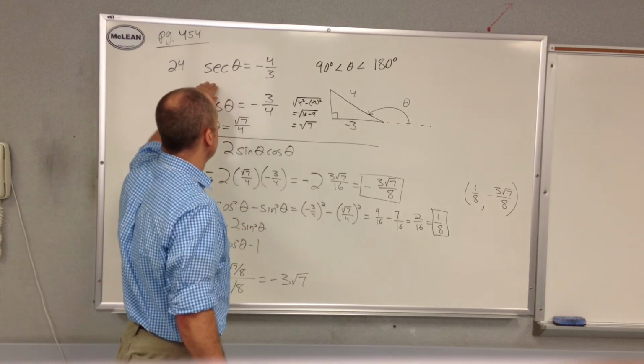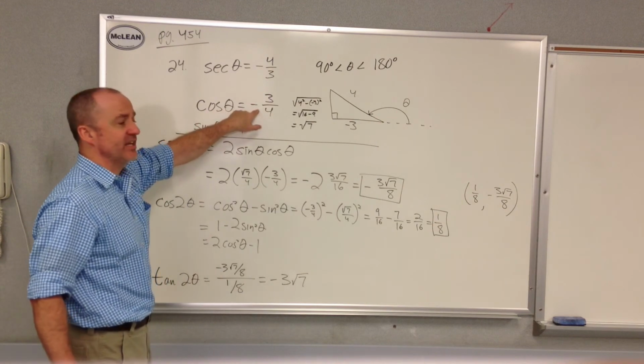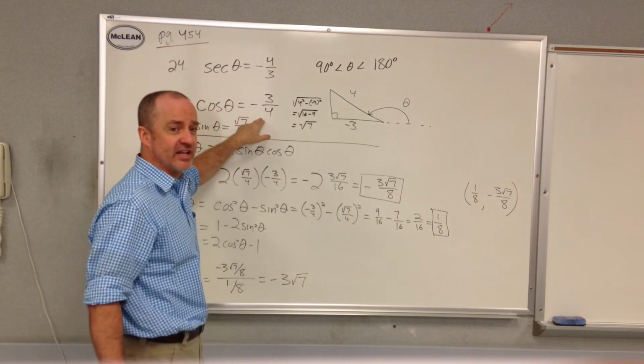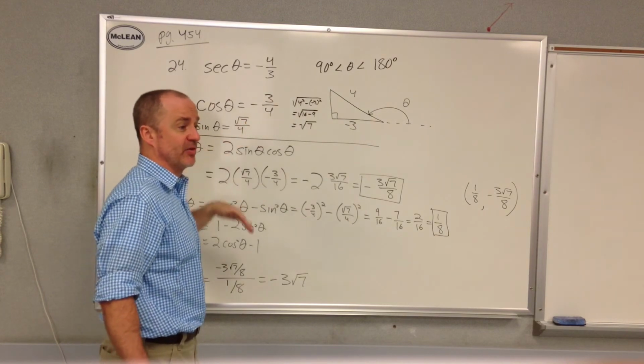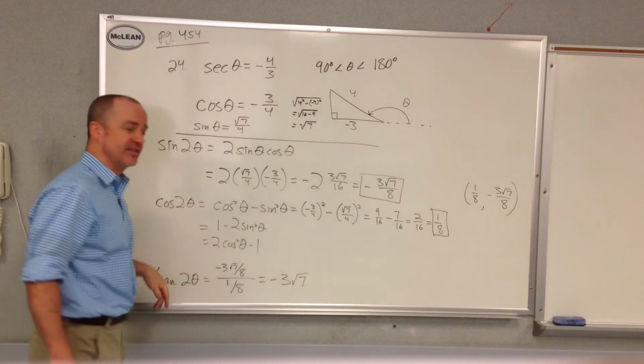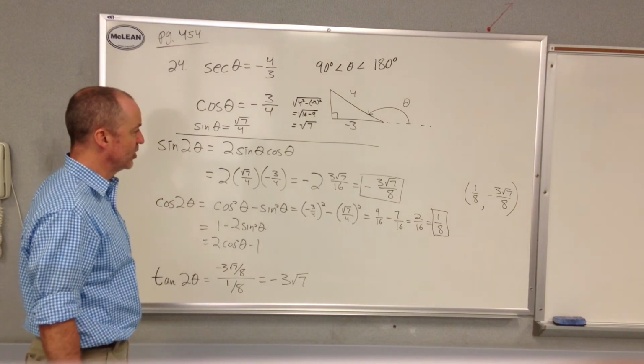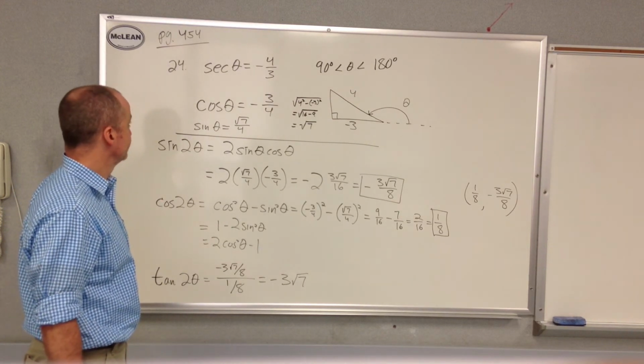Today you would take the inverse cosine of negative 3/4 on your calculator, and then double whatever angle you got. But this was a very, very powerful tool back before that existed.